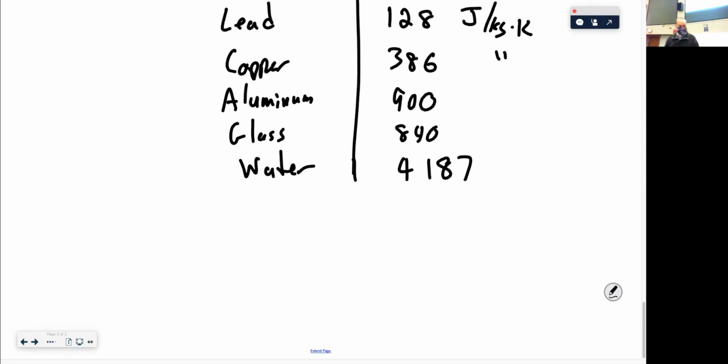Dr. Steinhauer, I have a question. Yeah, go ahead. So does this have to do with conductivity as well? Because the metals are more conductive, and that's why you can dip your hand in liquid nitrogen. I know that has to do with bubbling and other things, but would the specific heat of liquid nitrogen be really high as well? So the question is, does this have to do with conductivity, and would the specific heat of something else that has high conductivity also be really high?